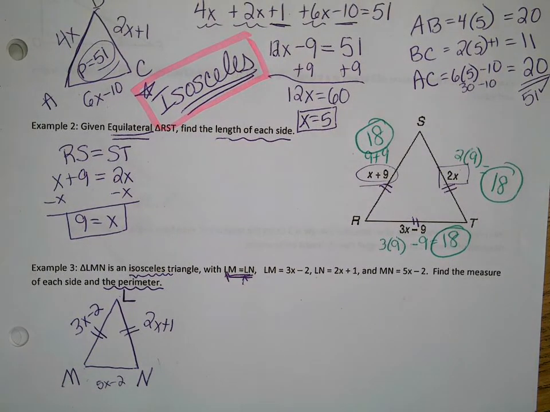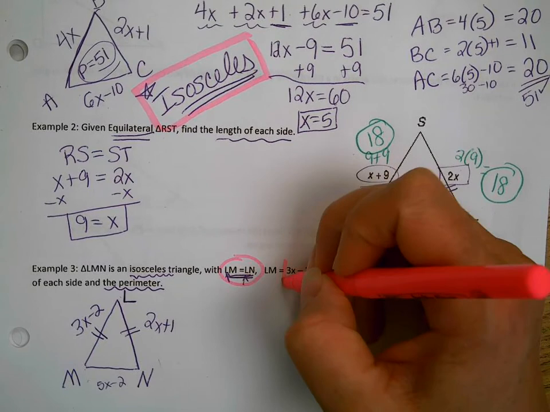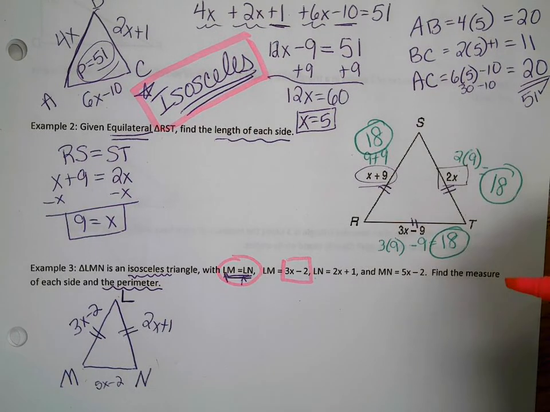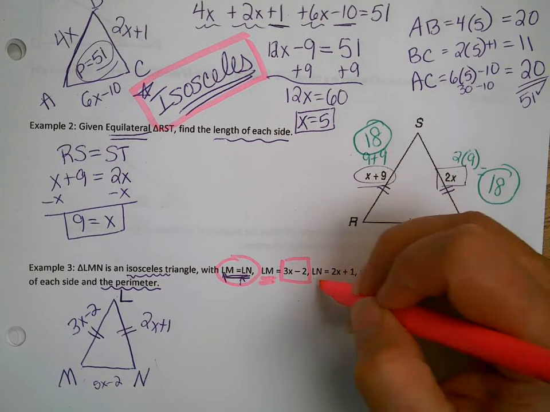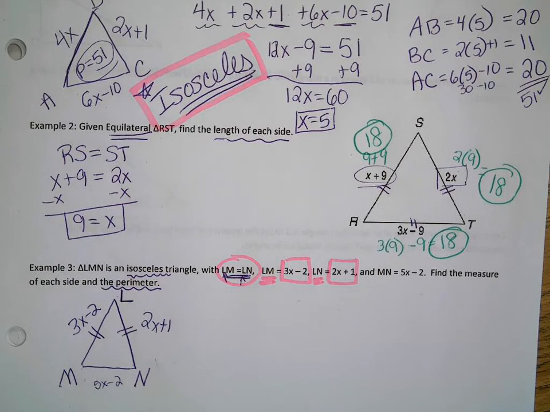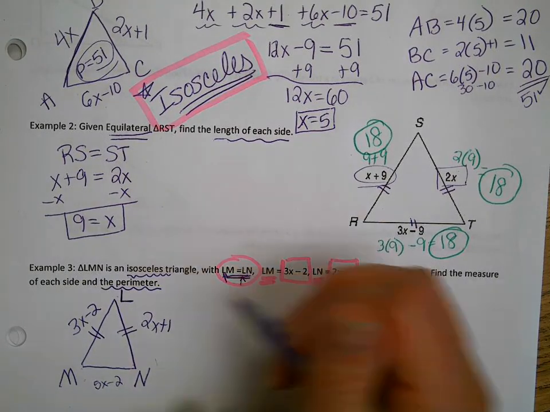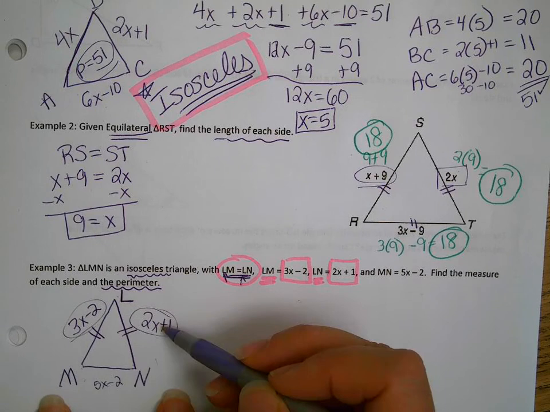A couple pieces of important information: these two parts are equal. So this expression, the 3x minus 2, which is LM, and LN, which is the 2x plus 1, those things are equal. So rewriting that, this side and this side are the equal pieces.